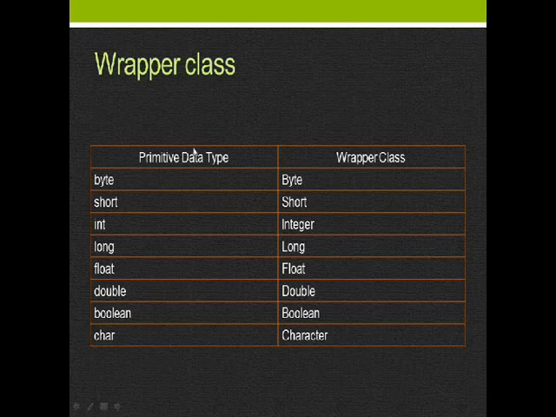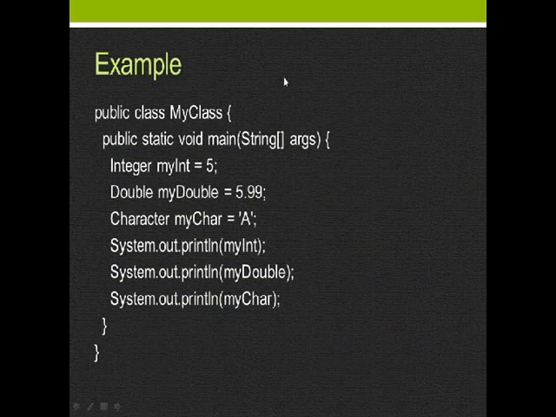Now, for wrapper classes, there are primitive data types and corresponding wrapper classes, small byte, capital Byte, etc. Now, let us take an example: public class MyClass, public static void main, String args, Integer myInt equals 5, Double myDouble assigned 5.99, Character myChar assigned a.